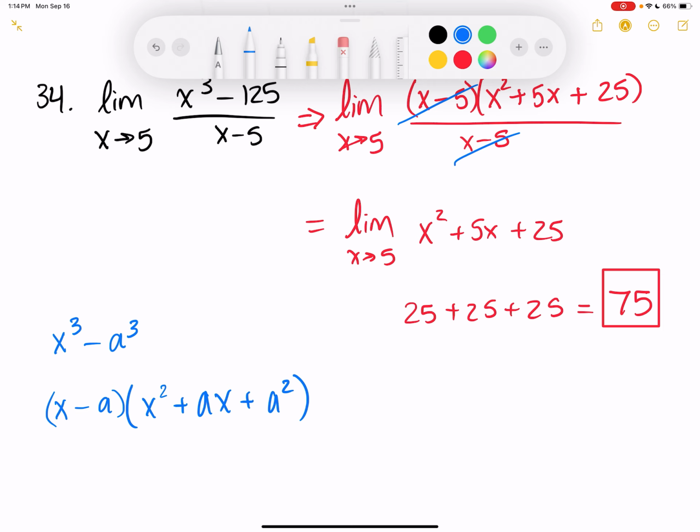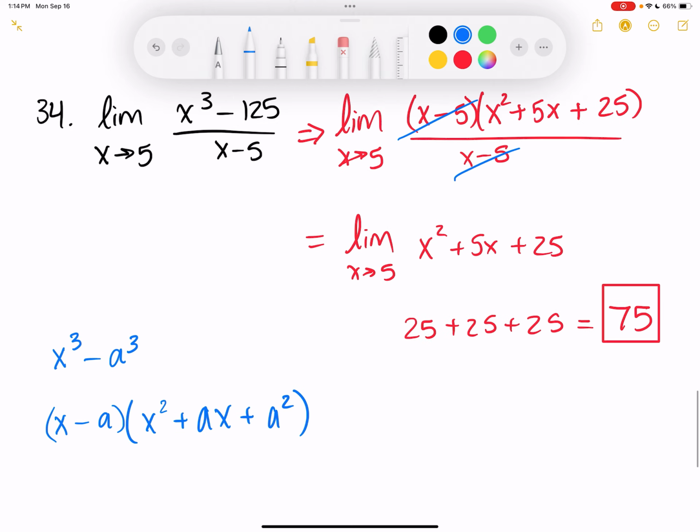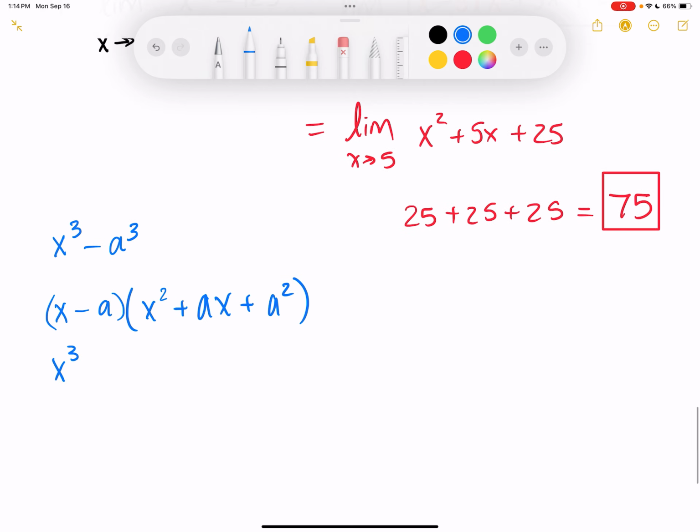And if it was, let's say, x cubed plus b cubed, then it would be x plus b, copy down exactly. Then x squared, opposite sign, minus first term times second term, so b times x, always positive, plus b squared.